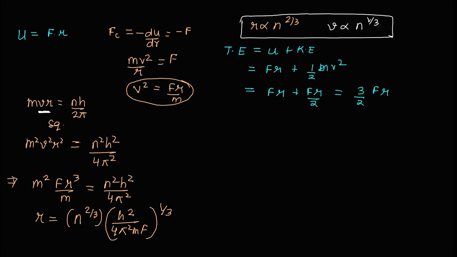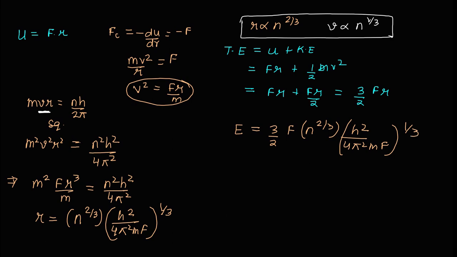If I put the value of R in this expression, I attain the total energy E equal to 3 by 2 of F times n to the power 2 by 3, h² upon 4π²mF, whole to the power 1 by 3.